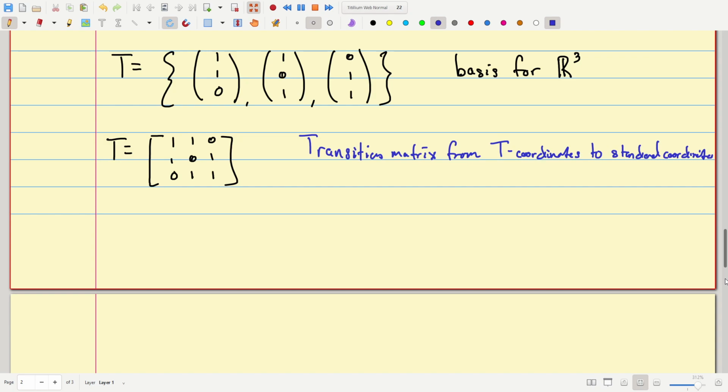Okay. The idea here is easier to understand if we return to the notion of thinking about matrix multiplication as a linear combination. Okay?